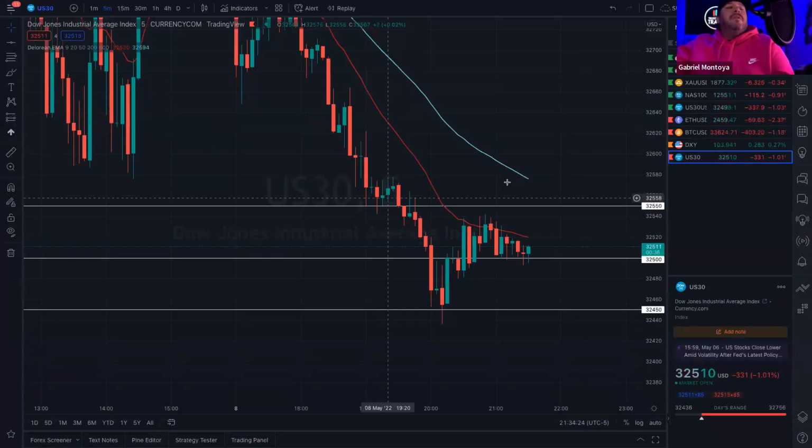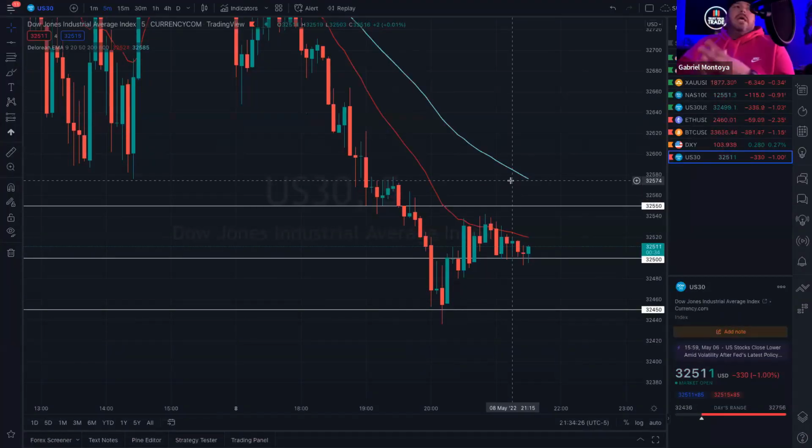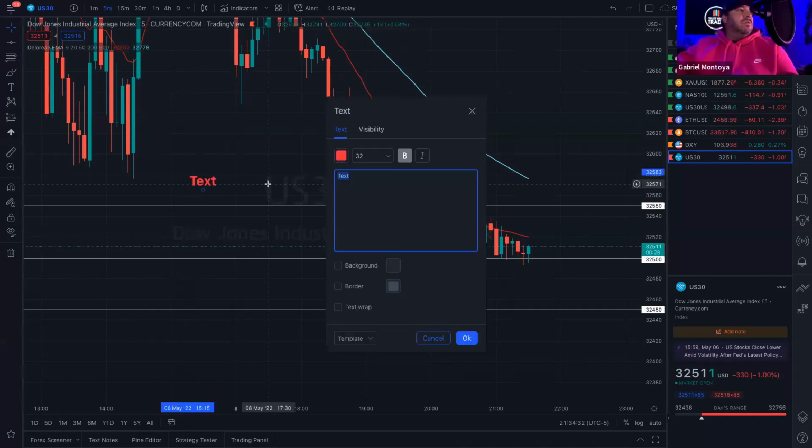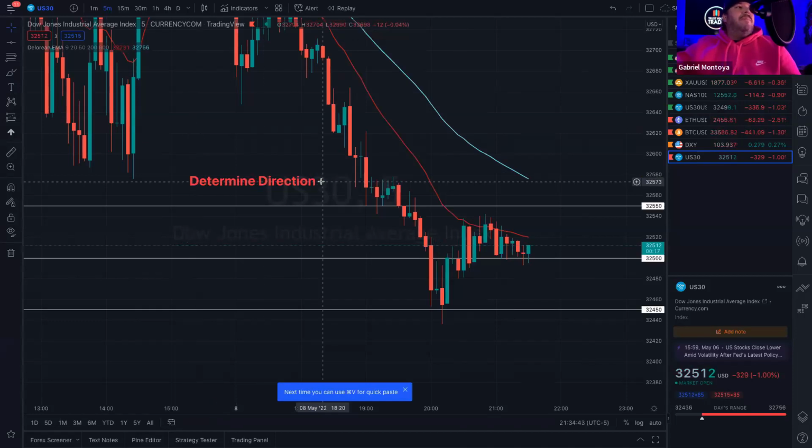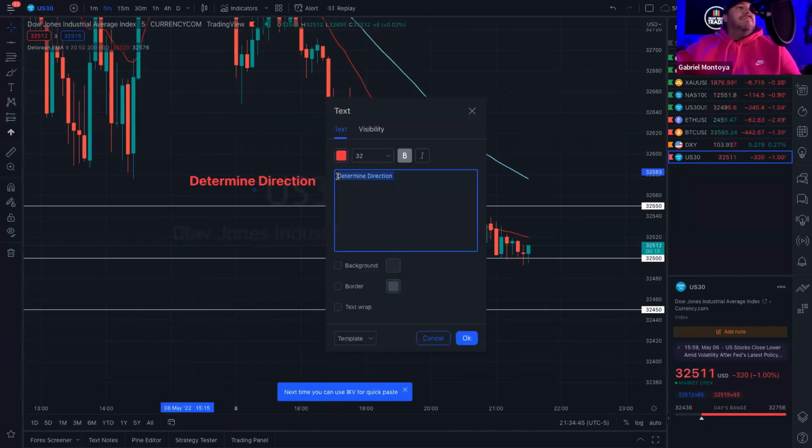Okay, and again, the first and foremost thing that I do is I literally look for direction. Number one, I'm going to write this down. Number one, determine direction. What direction am I going? Am I looking for buys? Keep in mind, guys, this is my strategy.